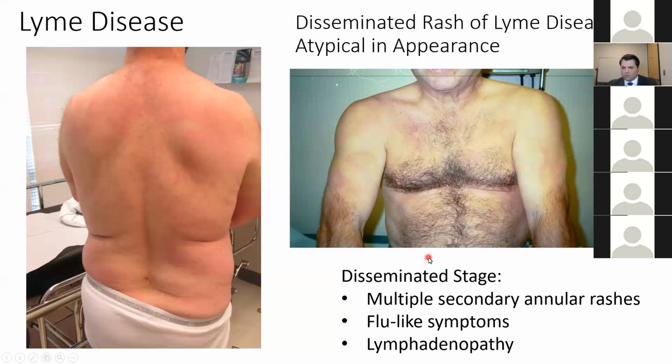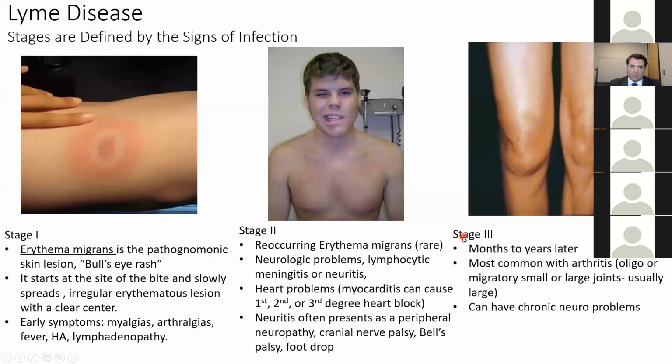They can have flu-like symptoms. And so here's a good example of stage 1. You could say this is early infection, erythema migrans, bullseye rash, starts at the site of the bite, slowly spreads. They can have myalgias, arthralgias, and then stage 2, or you could call this early disseminated.